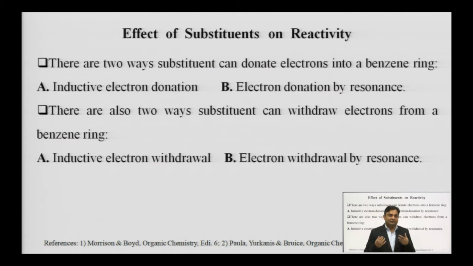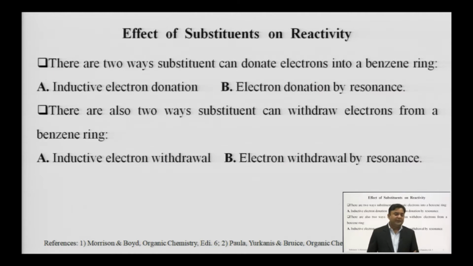If there are groups present on the benzene ring which have a minus I effect, they can withdraw electrons from the benzene ring by the inductive effect mechanism, and by that they can reduce the electron density on the benzene ring. So, they can alter the reactivity of the benzene towards the second electrophilic attack.